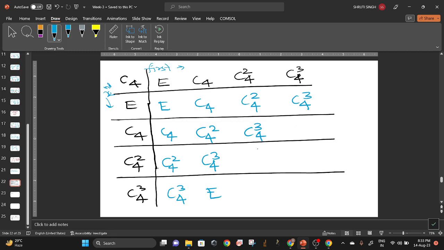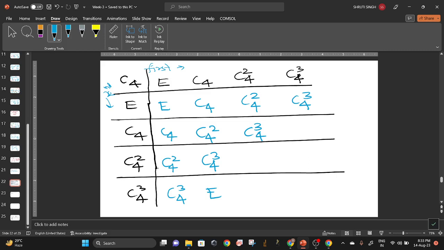What property of the group is this? If I am doing any operation, for example C4 cube dot C4, the answer is coming as one of the elements from the group.